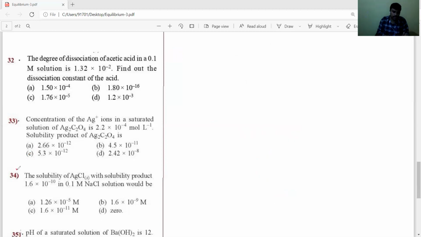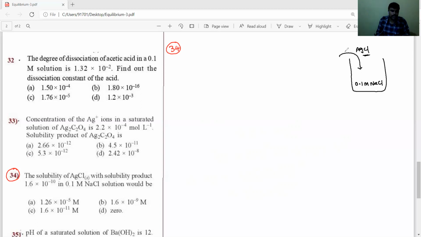This is also related to the same concept but another model. The solubility of AgCl they gave in 0.1 molar NaCl. Okay, students, like one beaker is present, in this beaker 0.1 molar NaCl is present, and the partially soluble salt silver chloride, AgCl, is present.